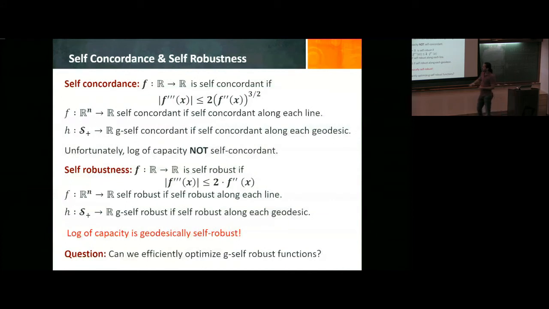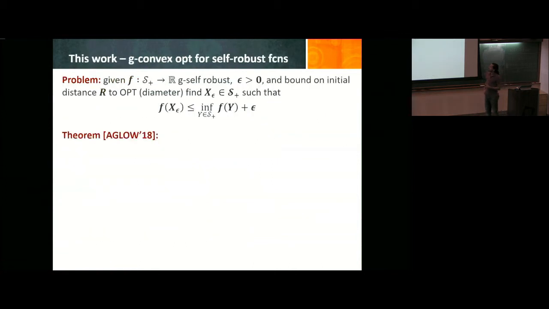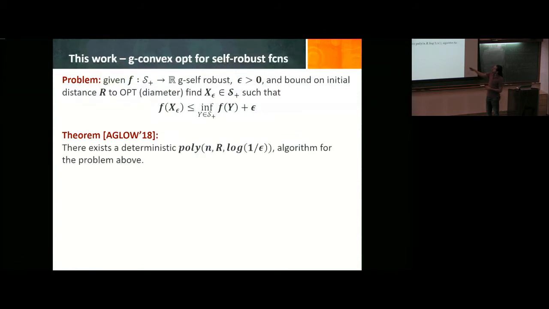Okay, and now the question is, log of capacity is geodesically self-robust. Can I optimize these self-robust functions? And the answer is yes. And how do we do it? So the problem is to optimize this function f over a geodesically convex body. And what we show is that there exists a deterministic algorithm, which is polynomial in n, the size of the input, r, and what is r now?